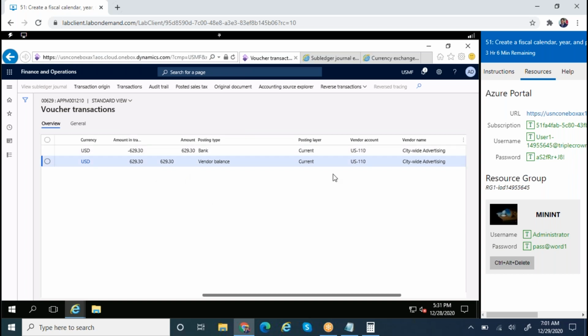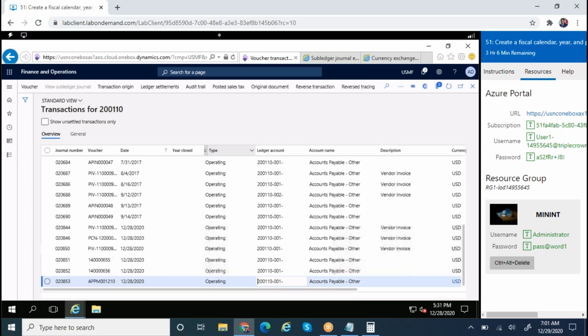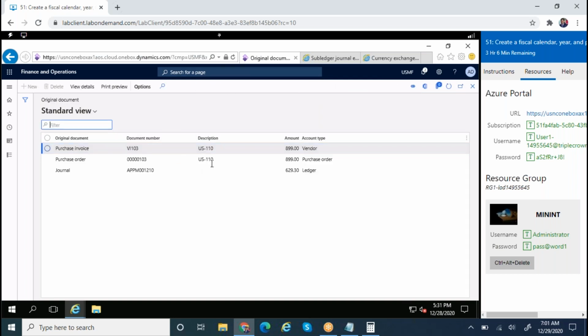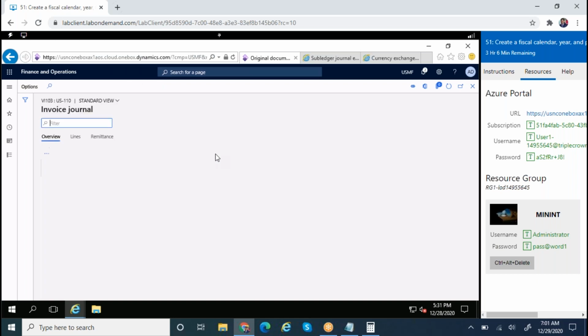But if you look at the transactions, one minute, not this one, original document, and here view details.